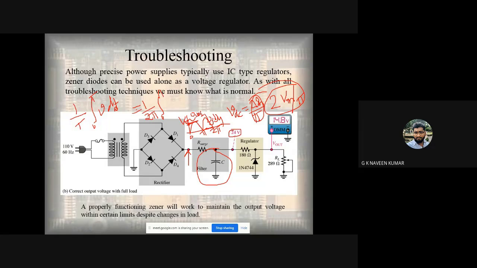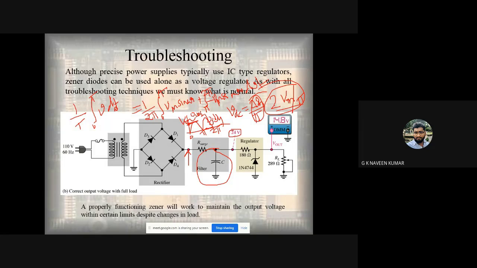From 0 to pi you have plus Vm sin omega t, and from pi to 2 pi you have the negative voltage, minus Vm sin omega t. After solving this, you will get 2 Vm by pi as your average value.